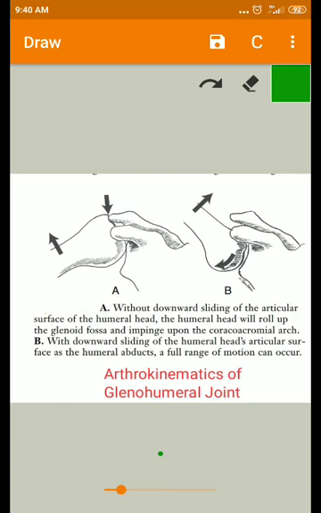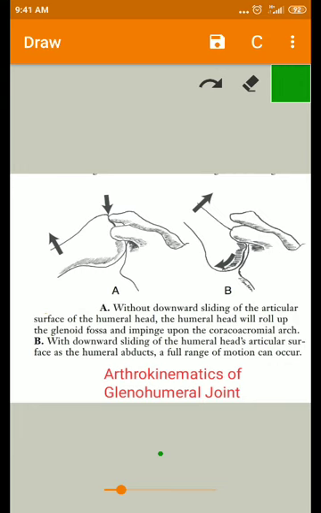In the normal glenohumeral joint, the impact of the humeral head on the acromion or the coracoacromial ligament does not occur.